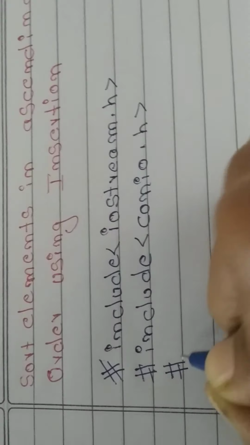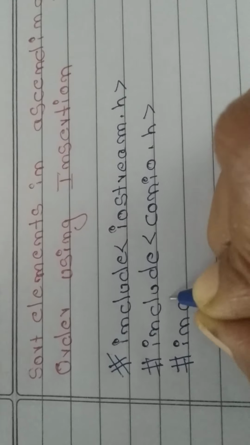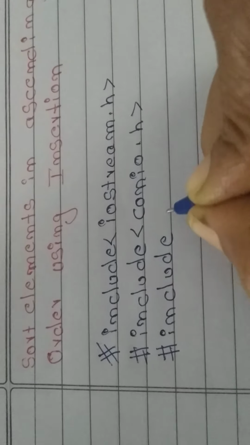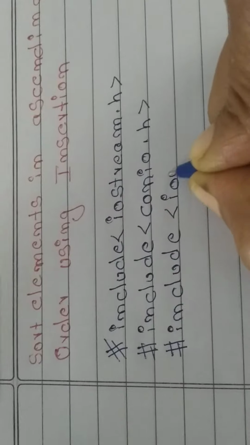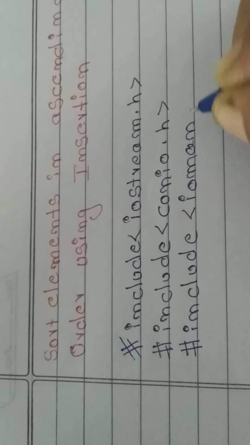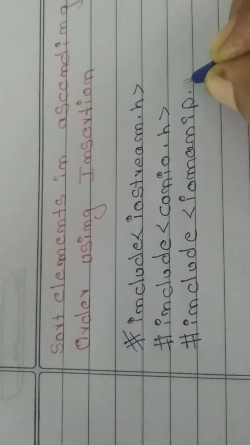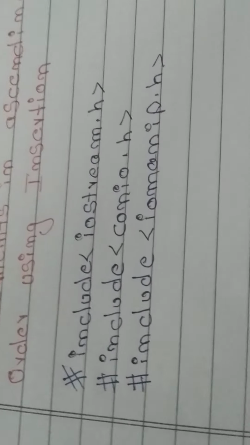Next one is hash include iomanip.h, meaning input output manipulation, like endl and setw. Endl is used to end the line and go to the next line. Setw means set the width. For example, some numbers are there.